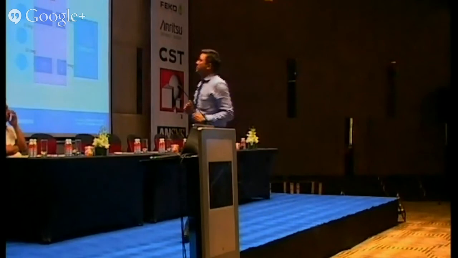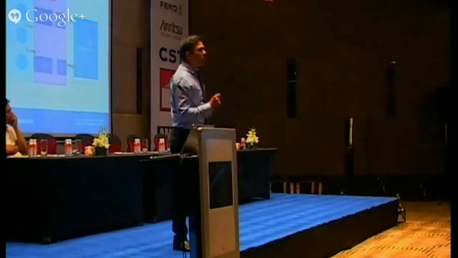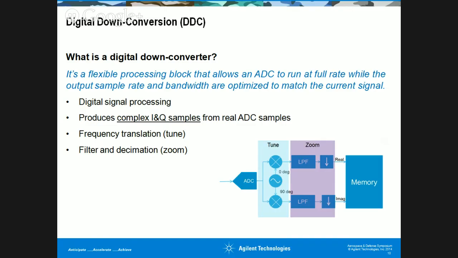Okay. Now I'll introduce you to one more concept called a digital down converter. Now how can we configure such a system? Okay. So what is a digital down converter? It is a flexible processing block that allows an A to D converter to run at full rate while the output sample rate and bandwidth are optimized to match the current signal.